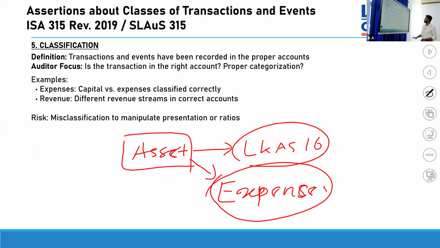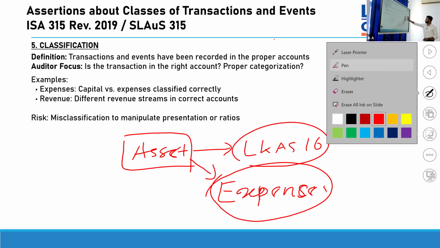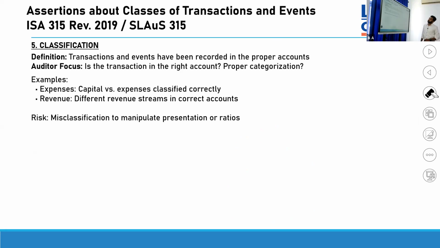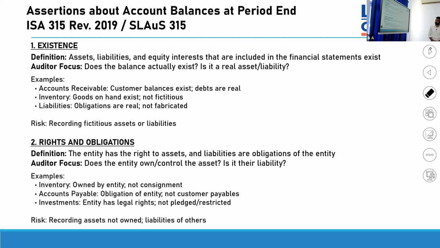So that is clear, right? So how many assertions are there? Assertions for classes of transactions and events. There are five. We start from occurrence, completeness, accuracy, cutoff, and classification, right? Okay, let's move to the next one.